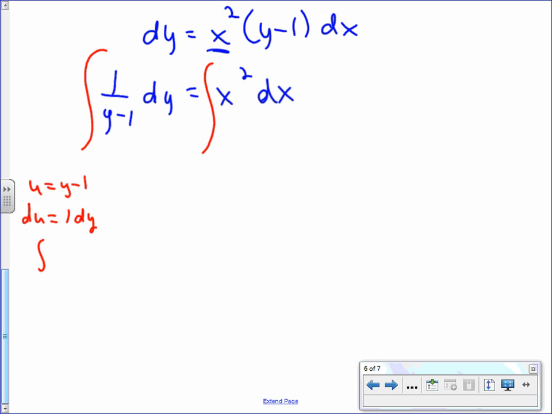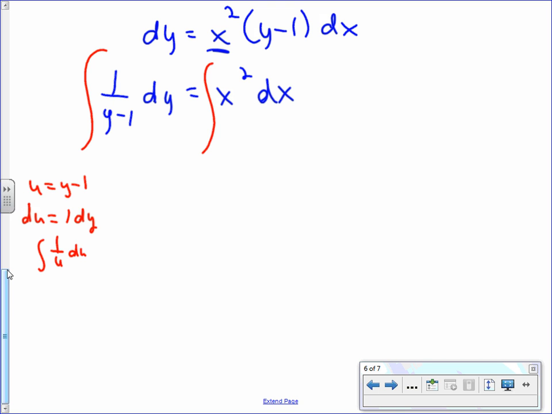So we have the integral of 1 over u du, yes? Right? Okay. If there were a 2y or a 7y, we would have another constant that would pop in there that we'd have to keep up with. So when I take the antiderivative of 1 over u, what am I going to get? ln of u. Yes?